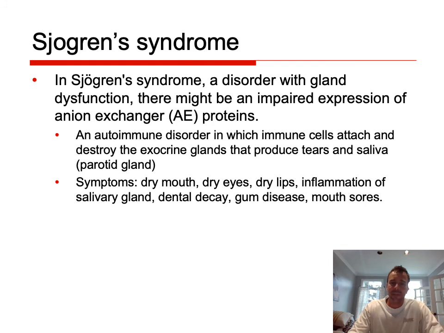One notable clinical syndrome is Sjögren's syndrome, which is a disorder with these anion exchangers. It's typically an impaired expression of these exchangers, but it's essentially an autoimmune disorder in which the immune cells attack and destroy the exocrine glands that produce tears and saliva. So if you're not producing saliva and tears, the symptoms are going to be dry mouth, dry eyes, dry lips, mouth sores, etc.